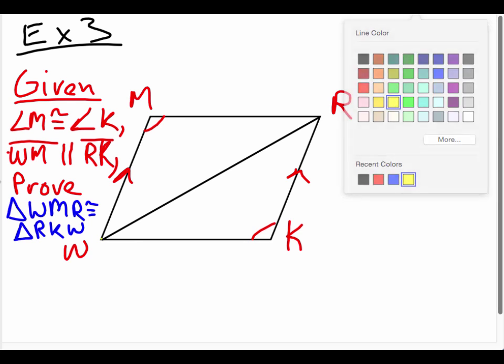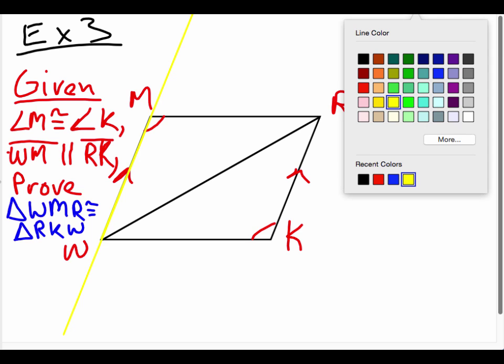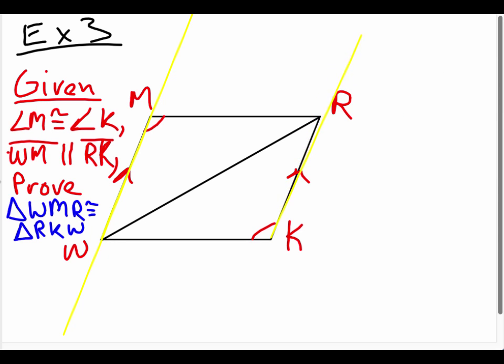So if these two lines are parallel, we're going to imagine that this line could go on forever, right? And this line goes on forever in both directions, okay? So those lines are parallel, they never intersect.